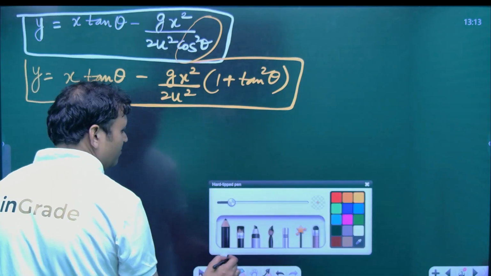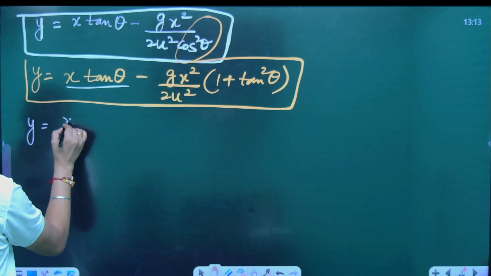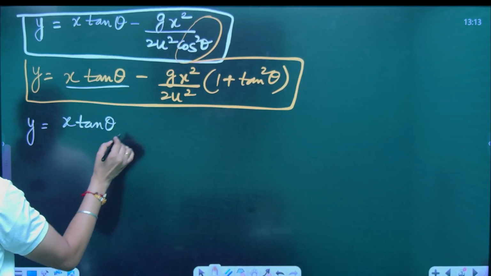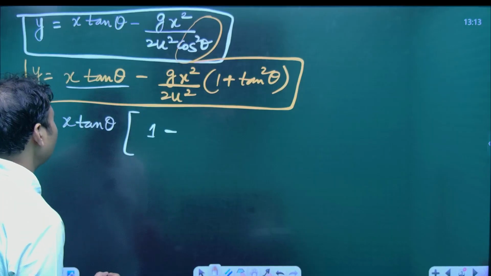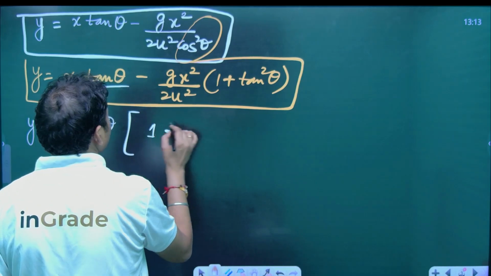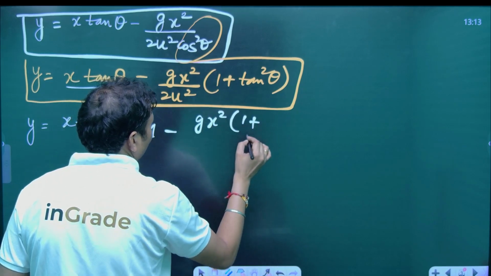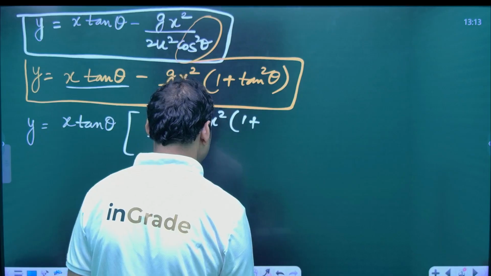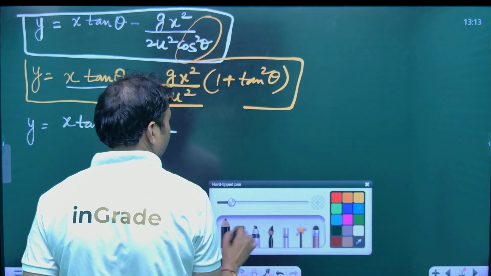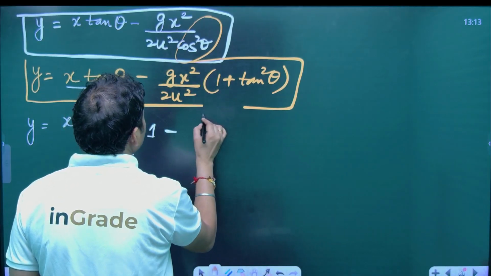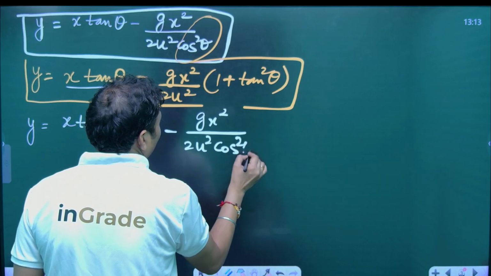And also, if we take x tan theta common, y is equal to x tan theta into 1 minus, let me use the previous equation only, g x square upon 2u square cos square theta.